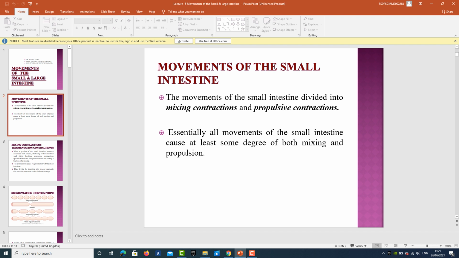The main function is to mix the semi-fluid, semi-solid food coming from the stomach into the small gut and move it forward. The two basic types are mixing contractions and propulsive contractions, and essentially all movements of the small gut cause some degree of both mixing and propulsion.